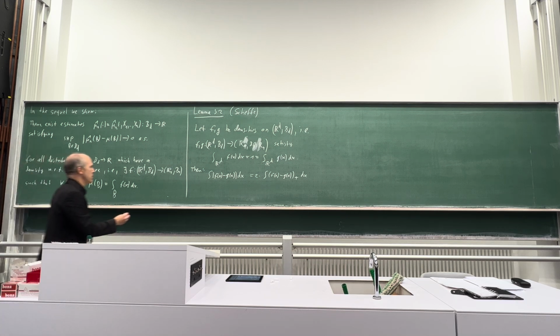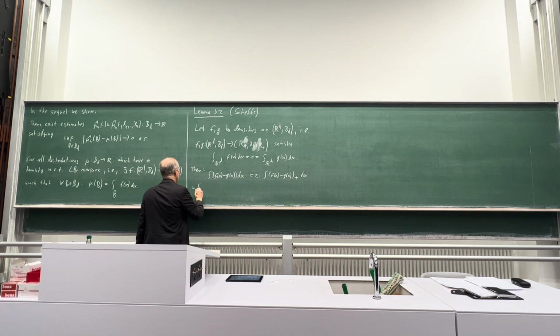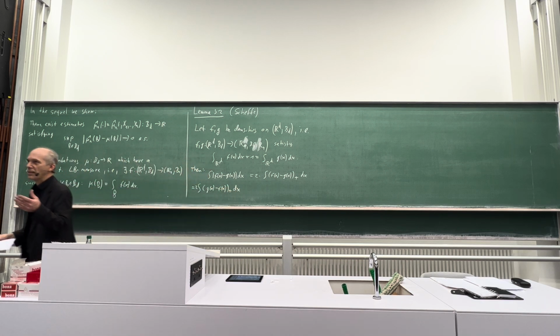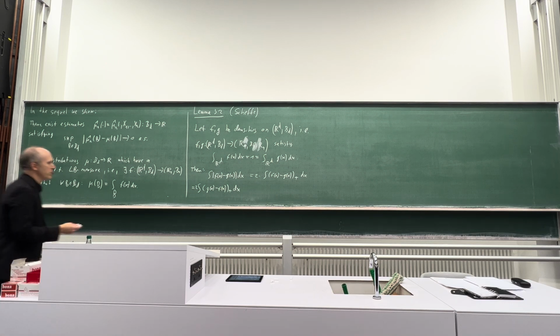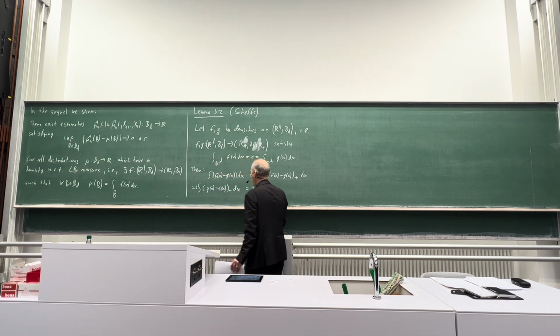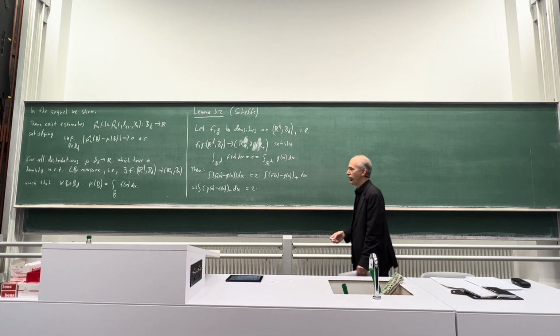It's 2 times the integral of the positive part of g of x minus f of x. And this plus part just means that you take the maximum of the argument and 0. And that is 2 times the total variation distance between the measures induced by f and g.